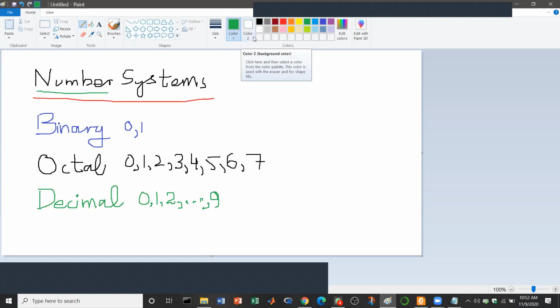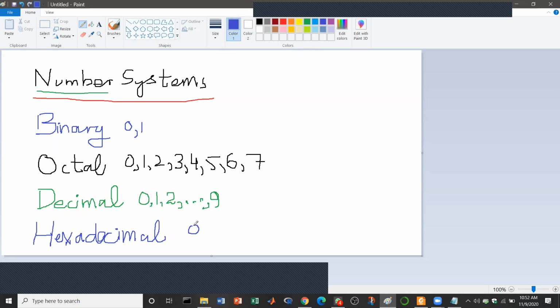Then the last one, which is also equally important, is the hexadecimal. Okay, in hexadecimal, it includes all the decimal numbers up to 9.